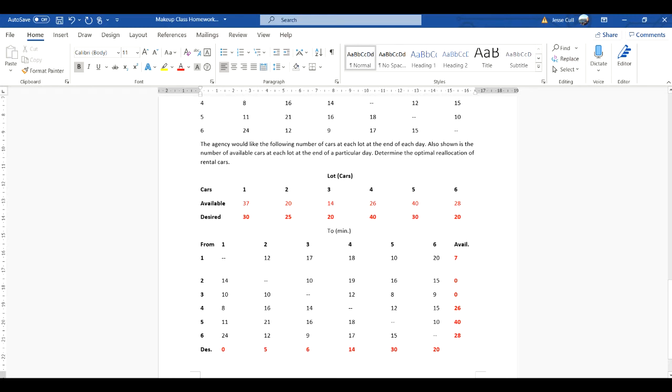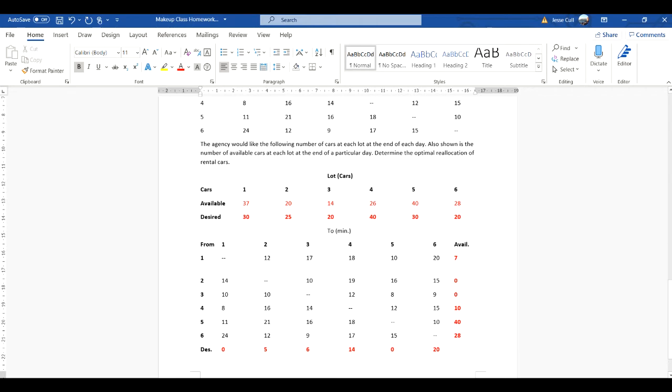That means our demand here is 14 cars. They're very understaffed here. Over in number 5, we have 40 available, 30 desired, meaning they have 10 extra. And then our demand is 0 in that situation.